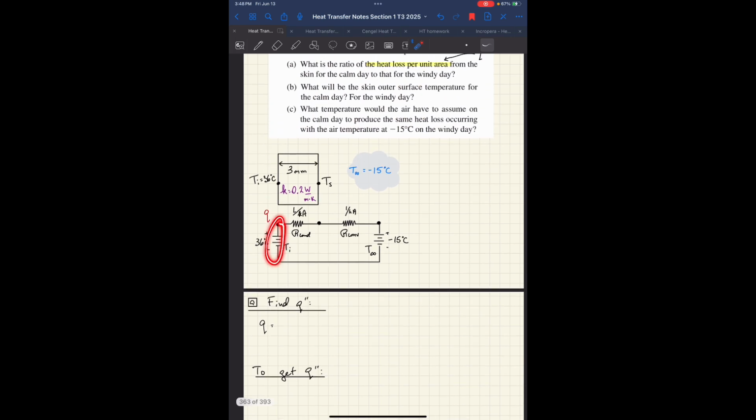We know the internal body temperature, and we also know the air temperature. Those are basically the analogs of voltage in our thermal circuit. So now I can take the difference of those two, Ti minus T infinity, and divide by the total resistance between the two voltages, which is this plus this resistance, because they're in series, so we just add them together. That would be what we call R total.